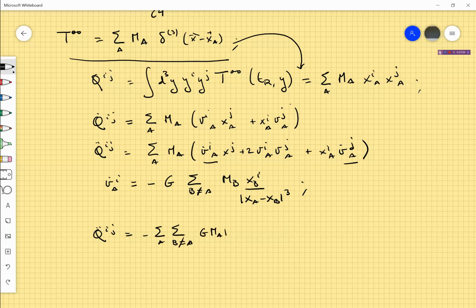So this is G mA mB divided by the distance cubed, and then the difference in positions xi A minus xi B, the same with j, and then plus a term which is just the sum over products of velocities.